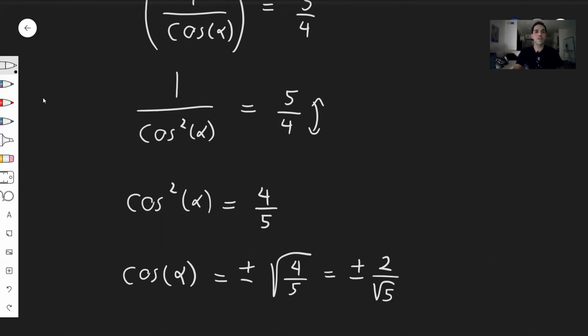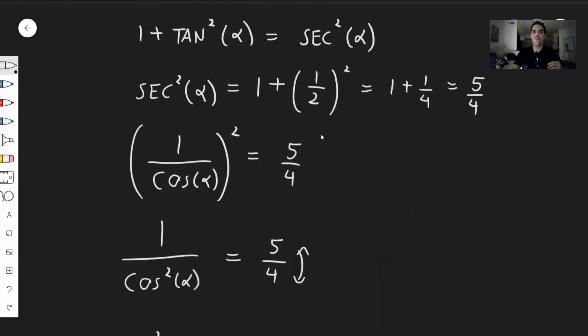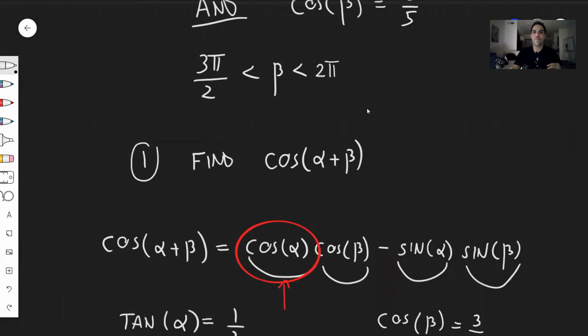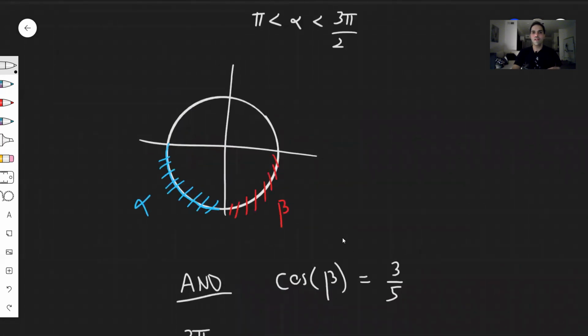Now here's a big question. Is it plus or is it minus? Usually difficult, but remember at the beginning of the problem, we drew our trig circle, which is very useful because we knew tangent, and now we want to know cosine of alpha.